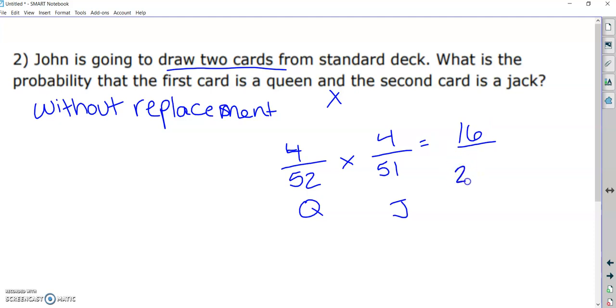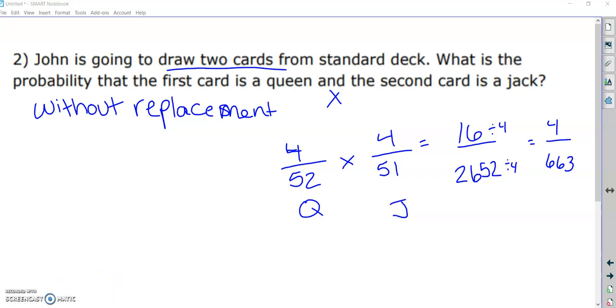Ooh, that's not a cute number. 2652. Let's see, is this divisible by 4? Oh, yeah. So I divided each by 4. So I get 4 over 663. Again, yes, I would like you to reduce. You can even do it. You know, I believe in you, my little ones.